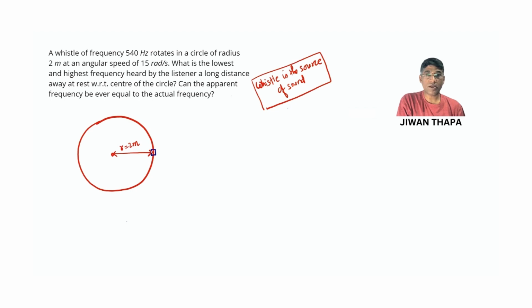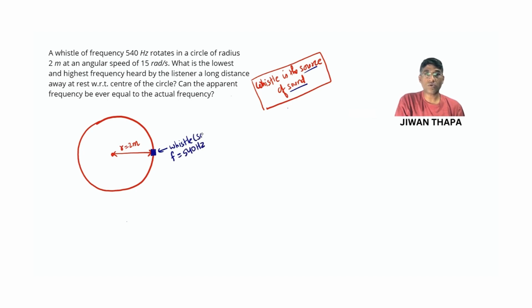So we have a whistle, and I'm taking the whistle at this position, or point. This whistle is the source of sound, and it is producing sound of frequency f equals 540 Hz.